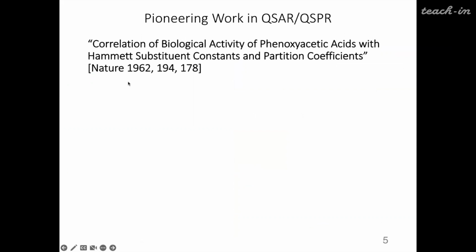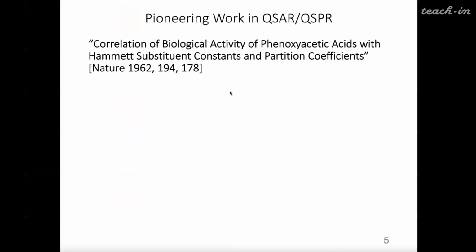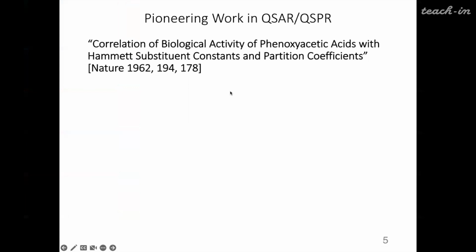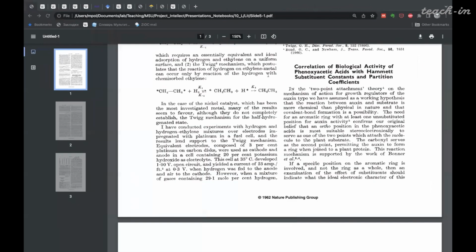For those of you interested in this approach, I suggest this review, which was published quite recently by an international team of researchers. And I need to mention that this approach was proposed several decades ago, in fact. One of the first and probably the first article in which a quantitative structure activity relationship was formulated is this one in Nature. In this article, researchers correlated some structural features of substituted phenoxyacetic acids.